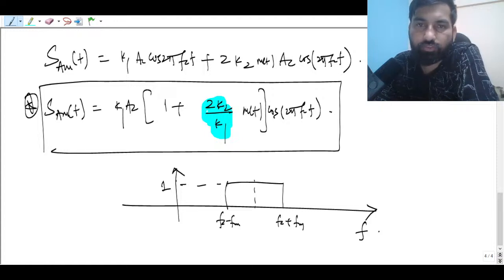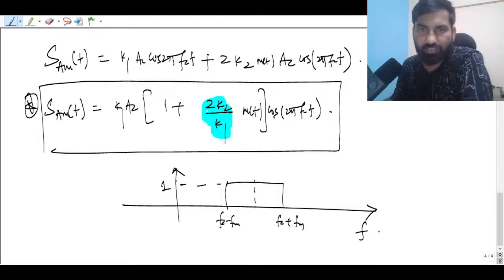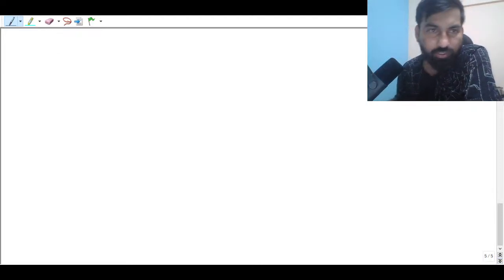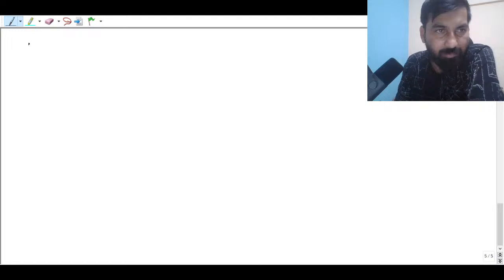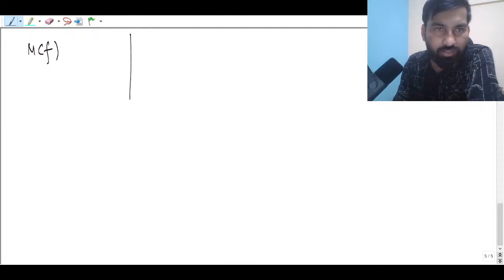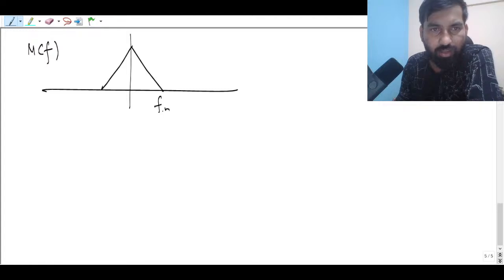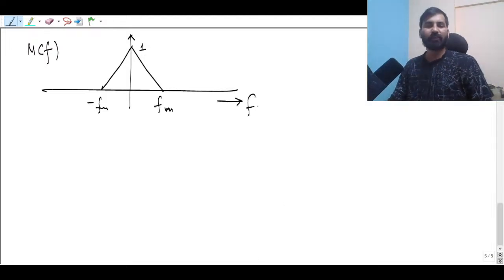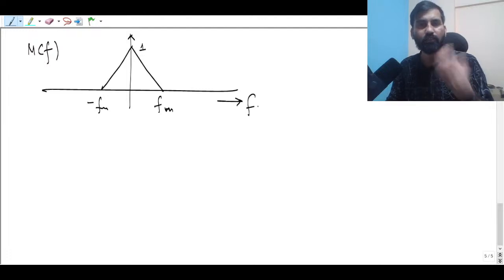Suppose let me take one mt here. Suppose we have got M of f, meaning the message signal spectrum. We are considering this kind of message signal spectrum, from minus FM to FM. This is the message signal spectrum, the low frequency spectrum, or baseband signal.